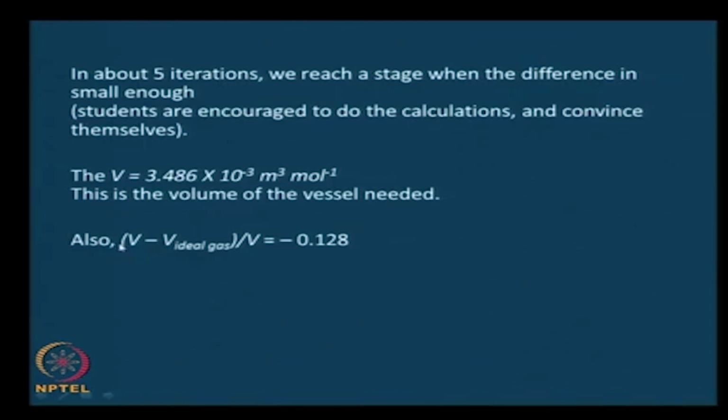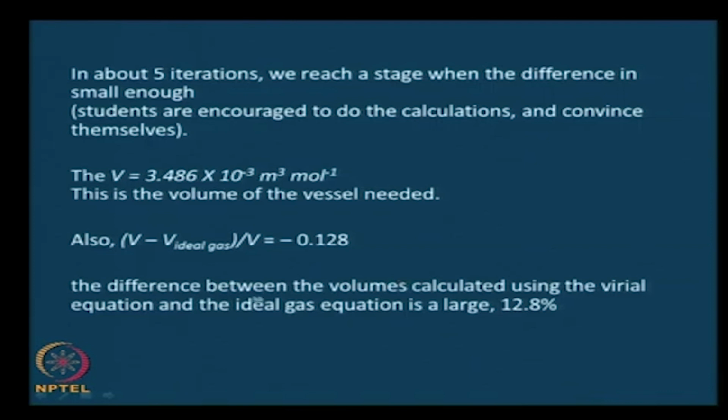We will do that in a little while. For now, V minus V ideal gas, the whole divided by the volume, will turn out to be minus 0.128, and therefore the difference between the volumes calculated using the virial equation and the ideal gas equation is large, it is about 13%, 12.8%. This you should keep in mind.